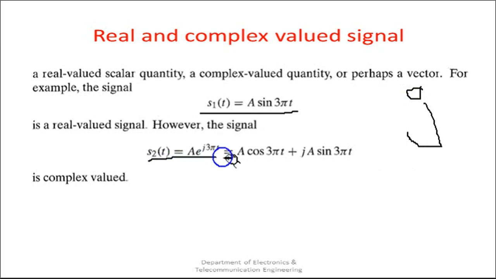The second signal has a term mentioned in terms of j. So this entire signal carries terms that are real as well as complex. In order to differentiate whether it is real or complex, definitely this is a complex valued signal. This example is taken from Proakis itself.